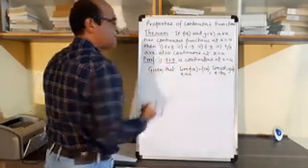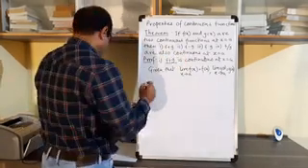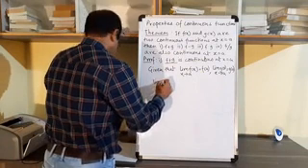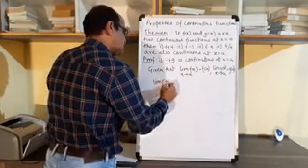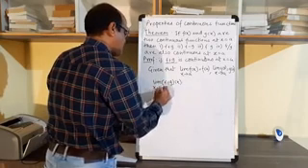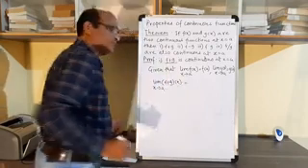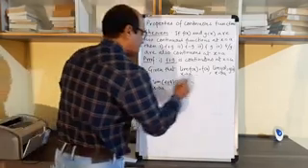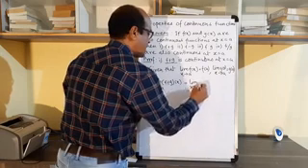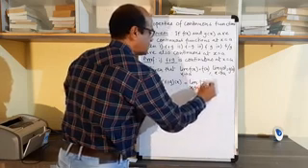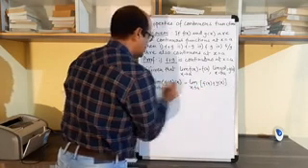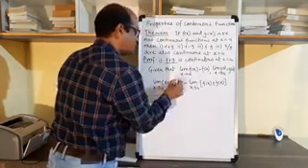So this f plus g is continuous at x is equal to a. So therefore limit of (f plus g) of x as x tends to a is equal to, this can be written as limit as x tends to a of f(x) plus g(x).